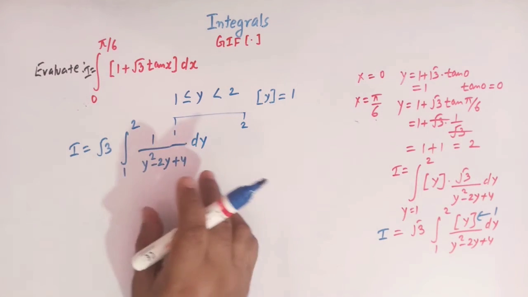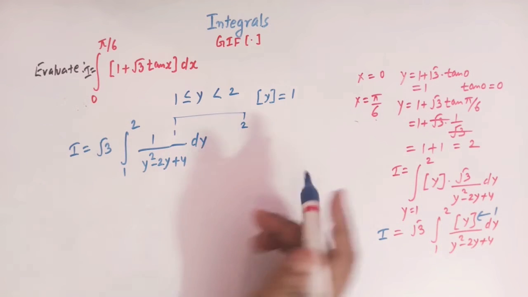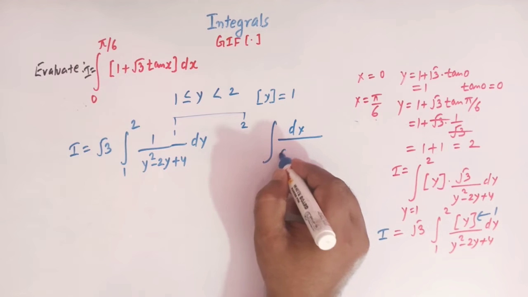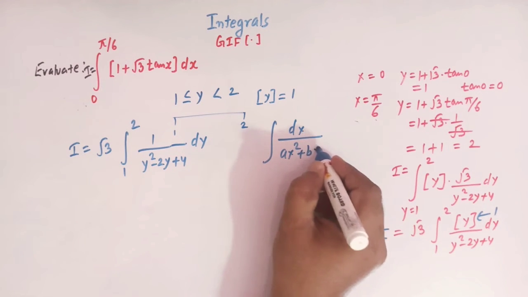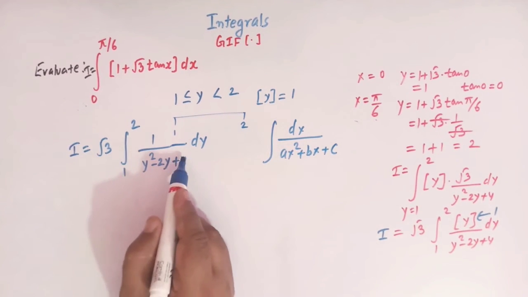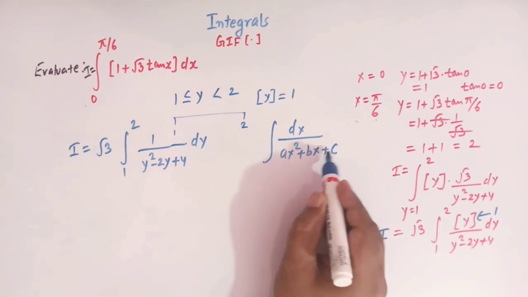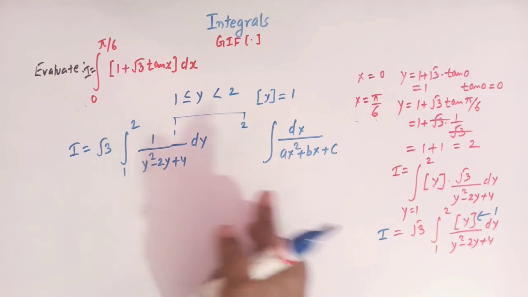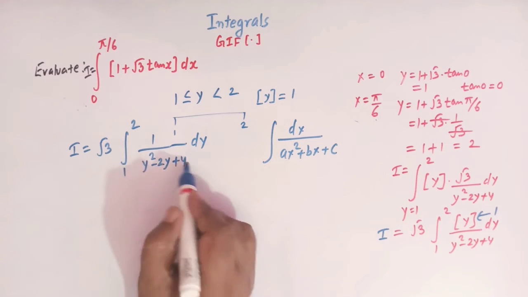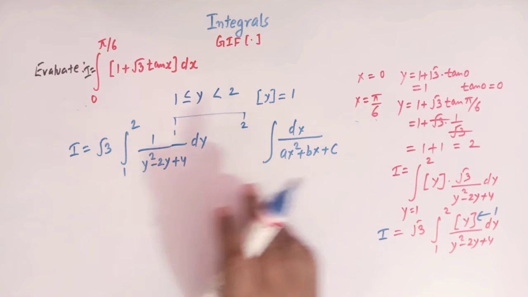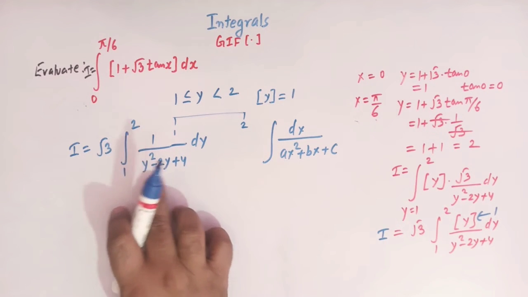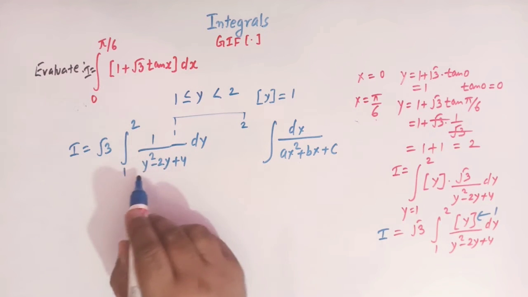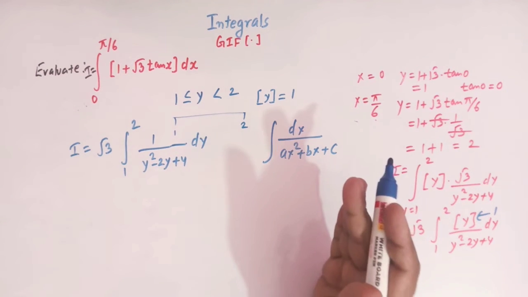Now see, this integral reduces to this form, that is dx over ax square plus bx plus c, right? So in the denominator we have a quadratic polynomial. So when we have the integrand in which the denominator is a quadratic polynomial, what we do, we express this quadratic polynomial as a sum of a perfect square and some number, right?